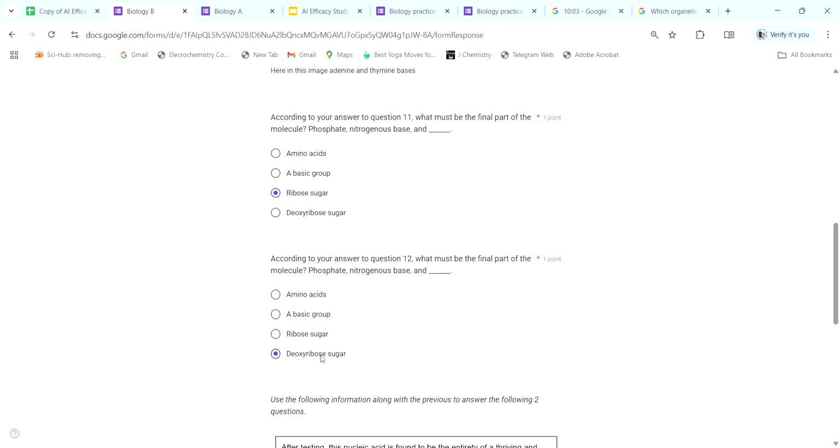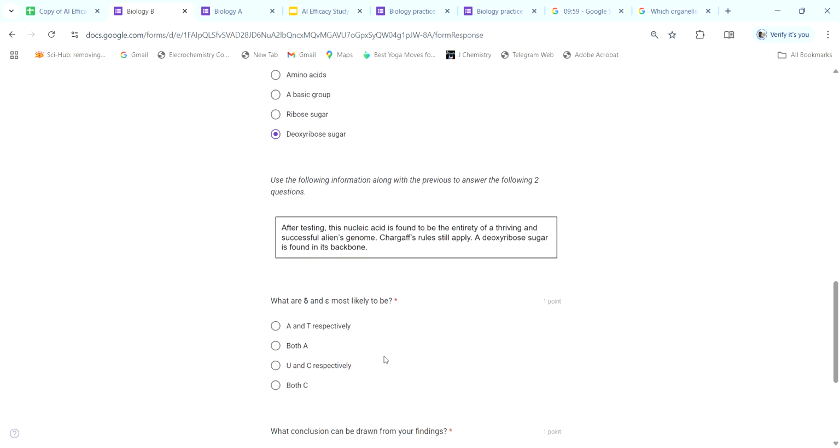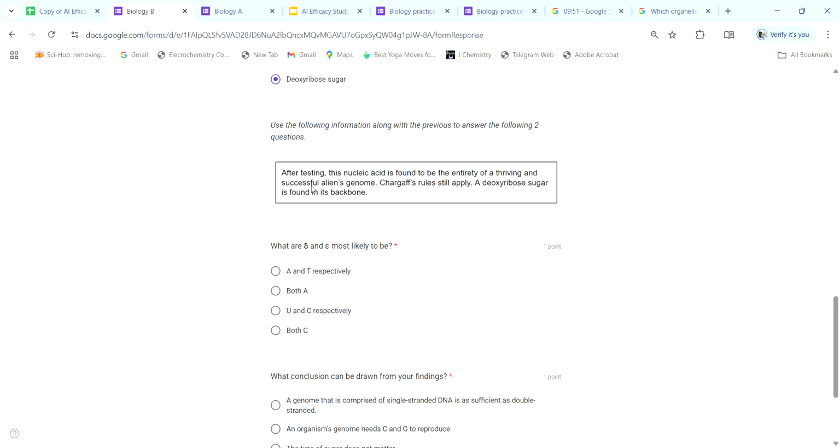Next, use the following information along with the previous to answer the following two questions. After testing, this nucleic acid is found to be the entirety of a thriving and successful alliance genome. Chargaff's rules still apply.